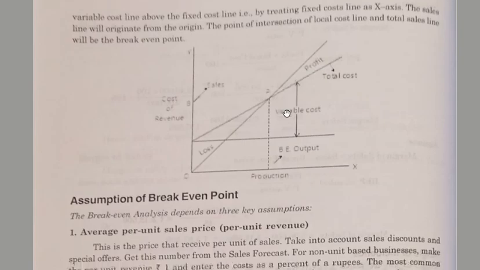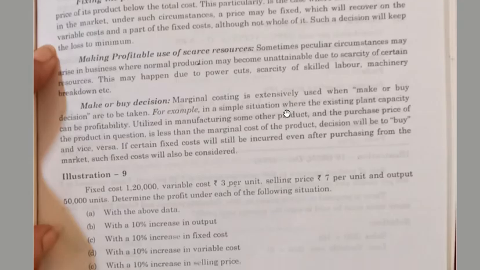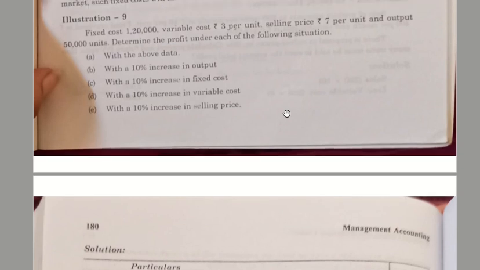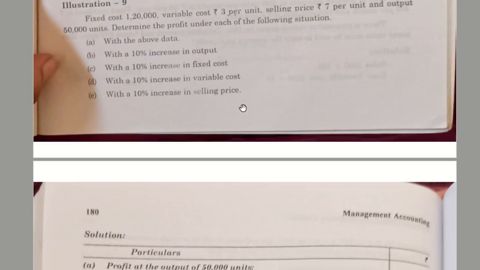So moving on to our next problem. Fixed cost is 1,20,000, variable cost is rupees 3 per unit, selling price rupees 7 per unit, and output is 50,000. Determine the profit under each of the following situations: with the above data, with a 10% increase in output, with a 10% increase in fixed cost, with a 10% increase in variable cost, and with a 10% increase in selling price.